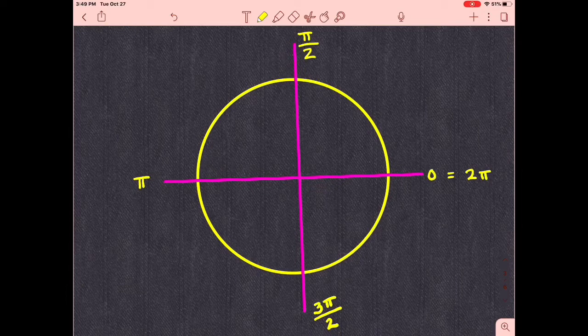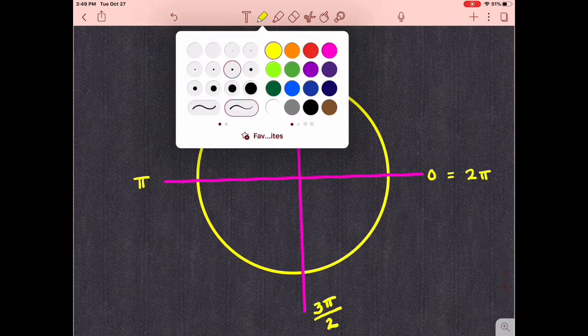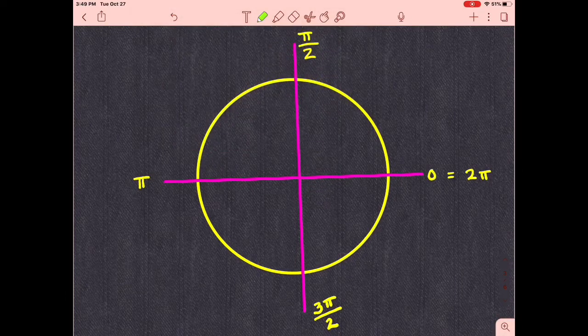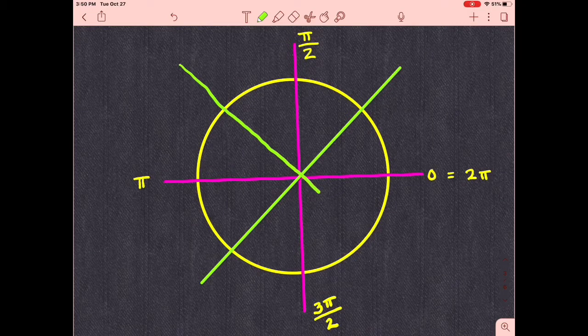Okay, so now the next thing we want to do is divide our circle into fourths. I'm trying to do this somewhat neatly. Okay, so if 90 degrees is pi over 2, then when we're dividing this, this would be a fourth, and this would be pi over 4.